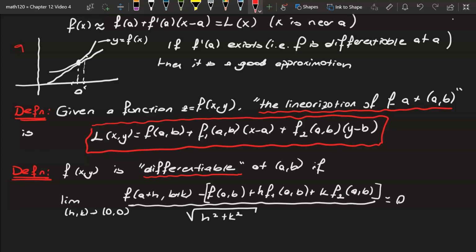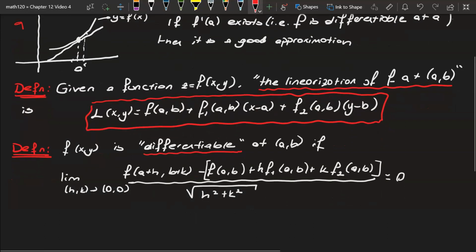You see, as (h, k) goes to (0, 0), we have f of (a plus h, b plus k), and we have such an expression in parentheses. What is that? Here we defined L of x, y as f of (a, b) plus f sub 1 (a, b) times x minus a plus f sub 2 (a, b) times y minus b.